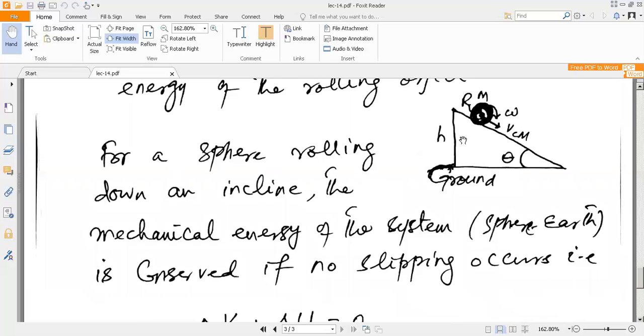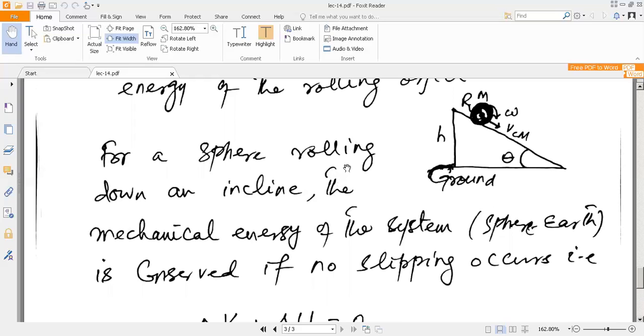We can confirm the conservation of mechanical energy of the rolling object by considering the law of conservation of mechanical energy.